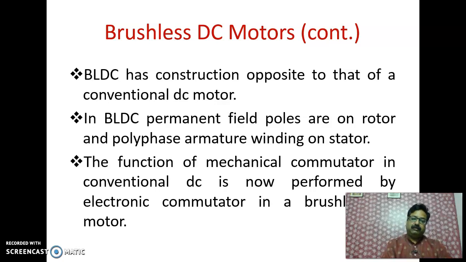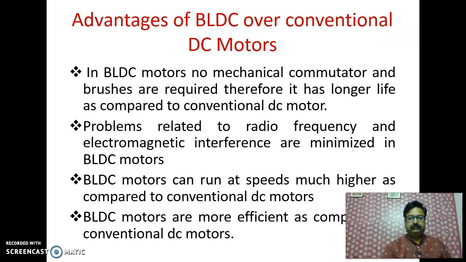One more difference in construction is that in conventional DC motors we have a mechanical commutator, but in brushless DC motor this mechanical commutator is replaced by an electronic commutator. So this overall decreases the loss component, so we can say the losses are reduced and efficiency is increased.